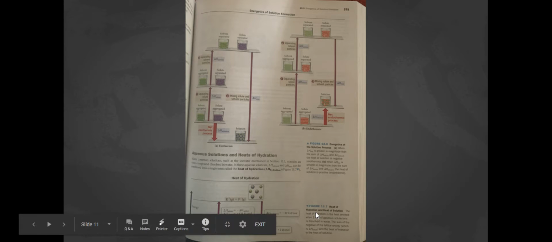Heat of hydration. Heat of hydration is actually trying to make your life easier. The heat of hydration meaning it's being surrounded by water. And when you're making the bonds, so we're calling this delta H mixture, right? When you're making the bonds, it's exothermic. What they do, it's a little confusing, so stick with me.